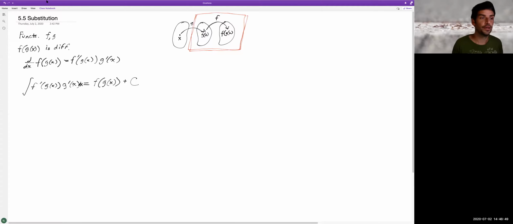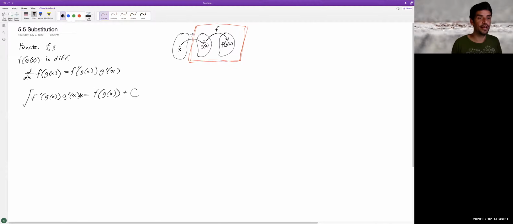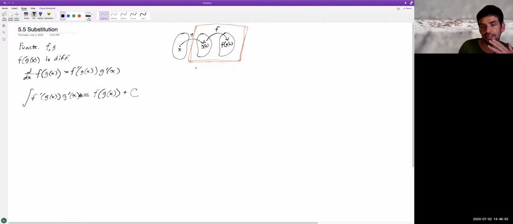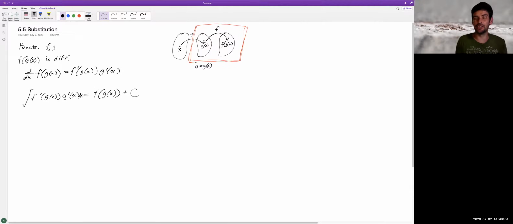So maybe we're going to go ahead and just say, for that person, there's not really a composition of functions. They're just starting with g of x. We'll just give it a name. And they're just putting that into u. They're just putting that number, g of x, they're just calling it u. They didn't see where it comes from. They don't see the x part of it. They just see the g of x at the end. So they put this number u into their function f.